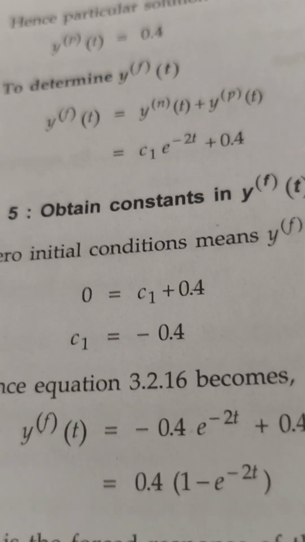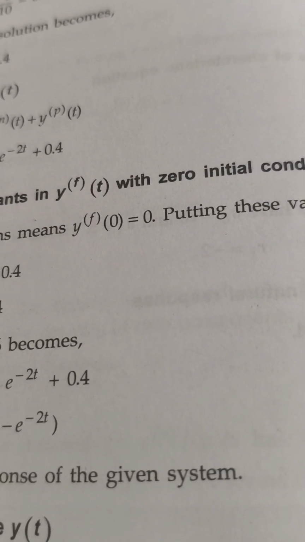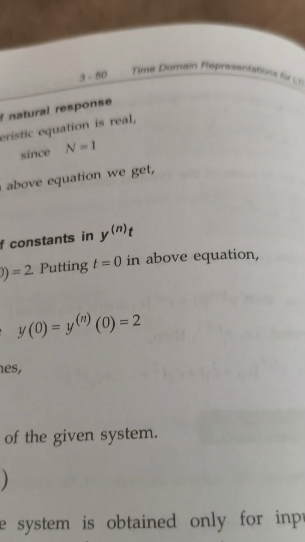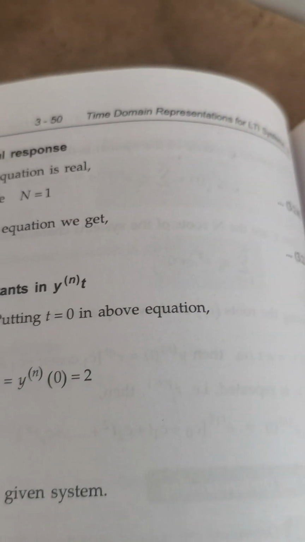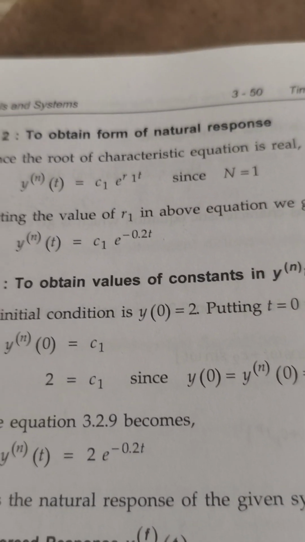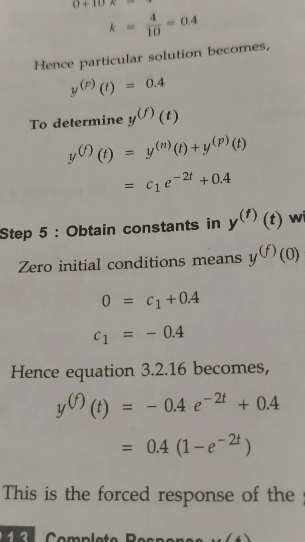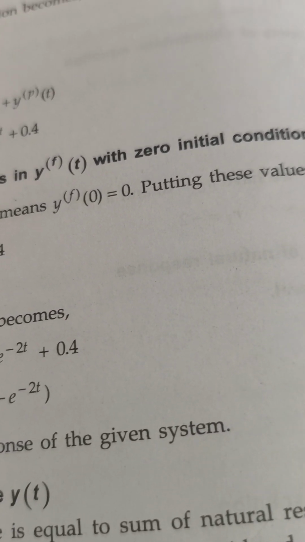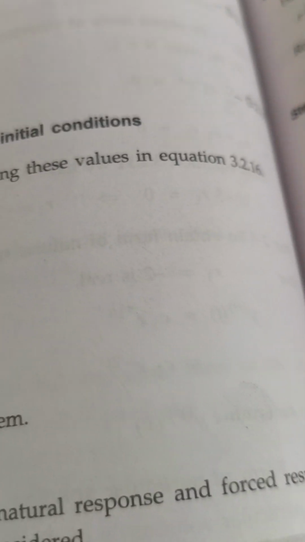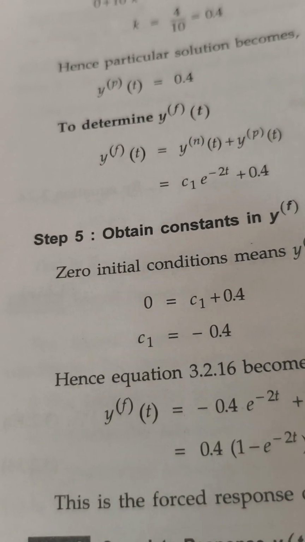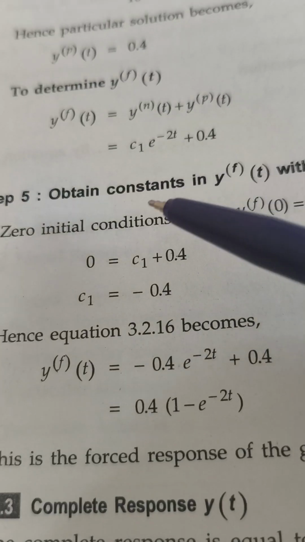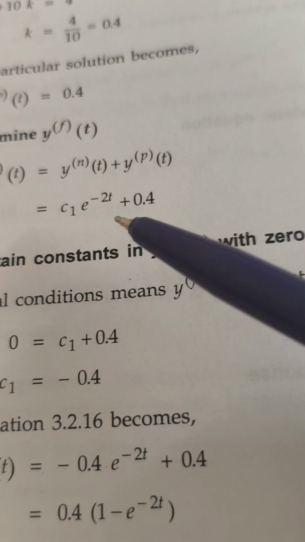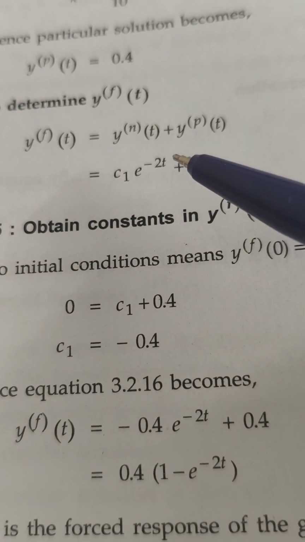In this equation, substitute the value of y of 0 as 0, that is the zero initial condition. Then y of 0 is 0, and here in place of t, substitute t as 0.